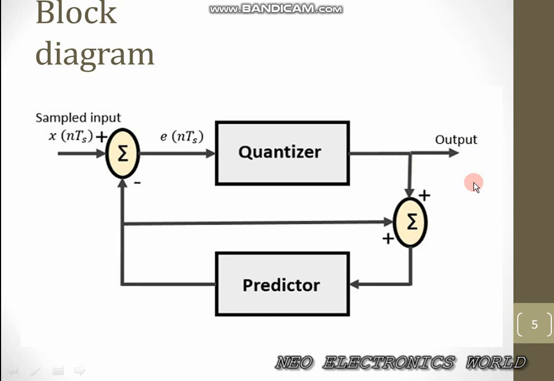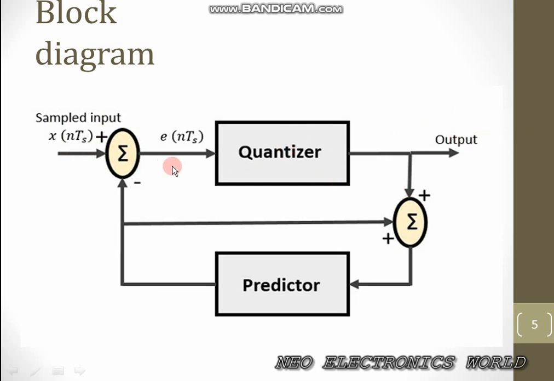Okay. What is coming to the comparator? The comparator is placed before the quantizer. To the comparator comes x of nTs. What is this? That is the sampled input. When x of t is sampled, we get x of nTs.